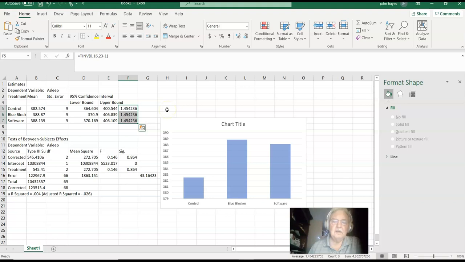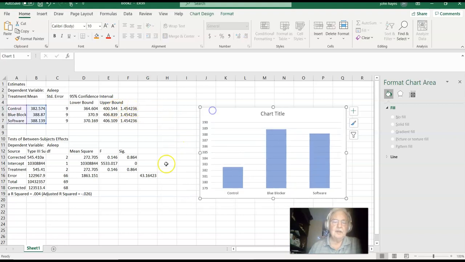So that's the t-value. Now we have to multiply t times the standard error.